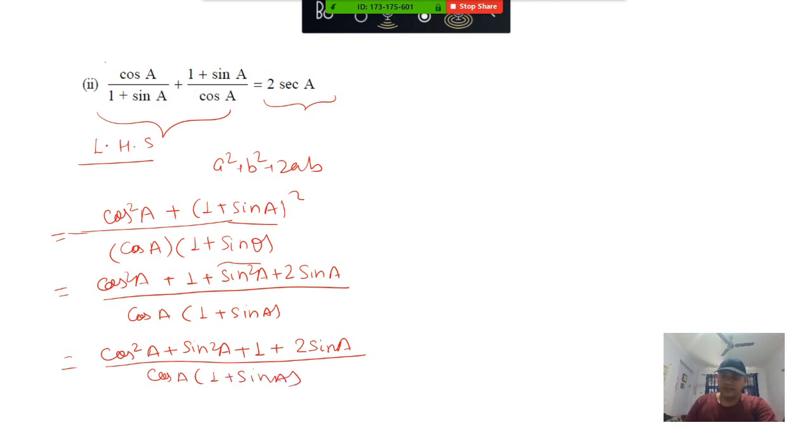From the first identity, what I have just told you, that cos square a plus sin square a is 1, so this value becomes 1. Let me write it here at the top. So the first term becomes 1.